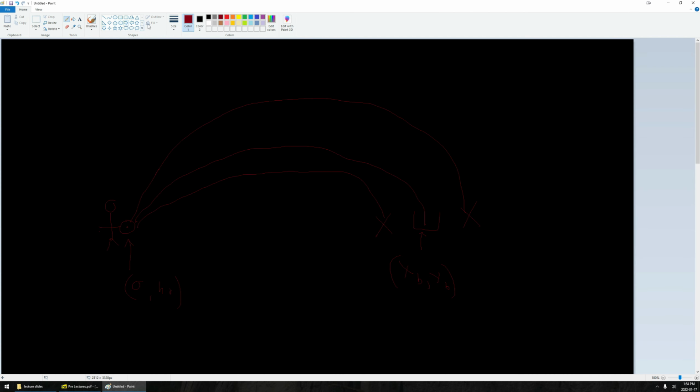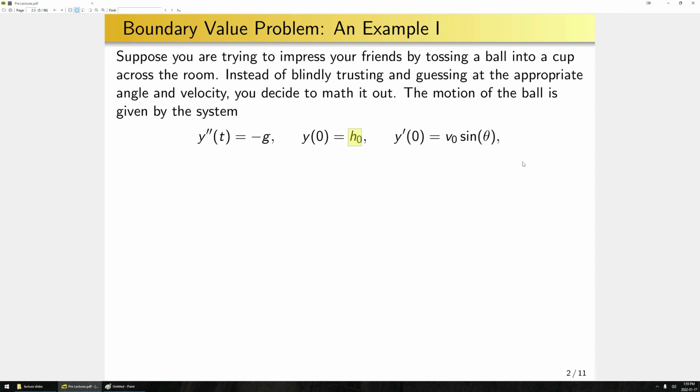And for the initial direction that I throw the ball in, the length of that velocity vector, I'm assuming is just going to be this v0 times sine of theta, where theta is this angle between the vector and the flat line there. So pretty standard stuff: the initial velocity is what I put into the ball in the upward direction, and the initial height is this.